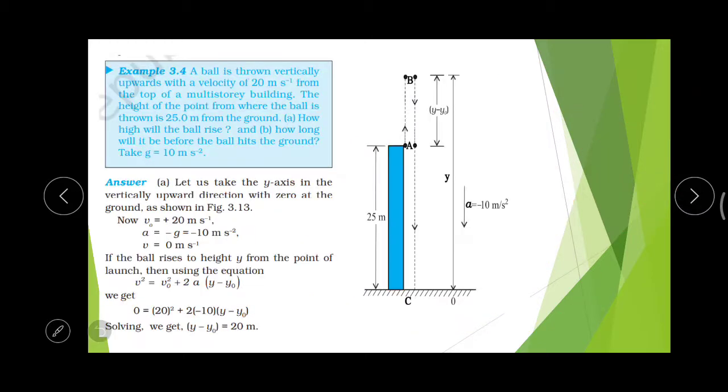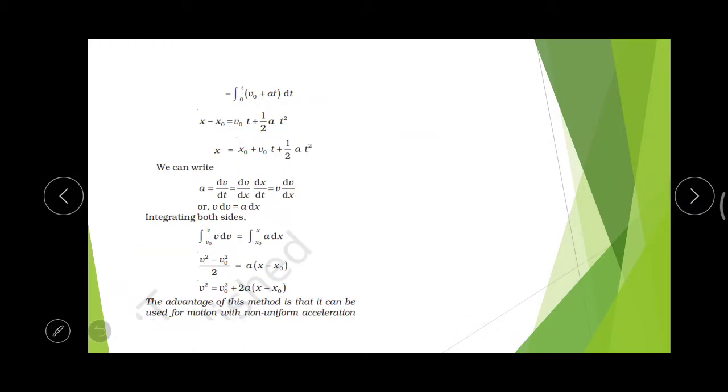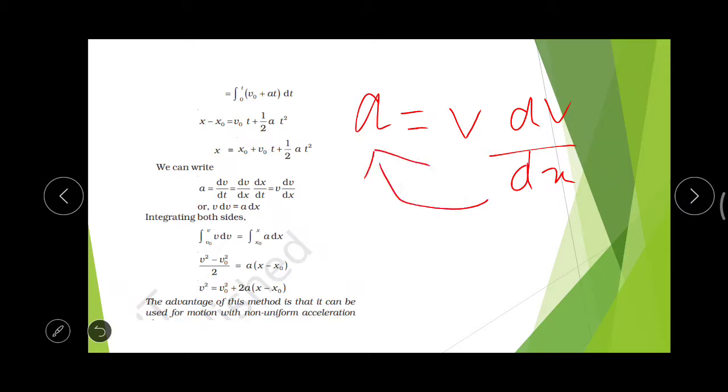Okay, v dv by dx, and now you have to rewrite this as v dv is equal to a dx. So a is equal to v into dv by dx. Okay, so just cross multiplying the dx over here, you will get v dv is equal to a dx.